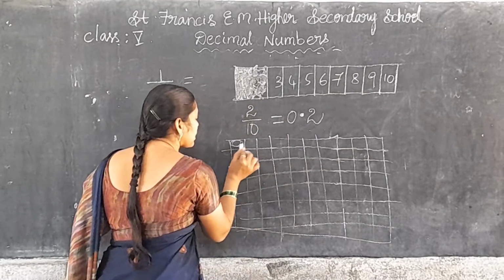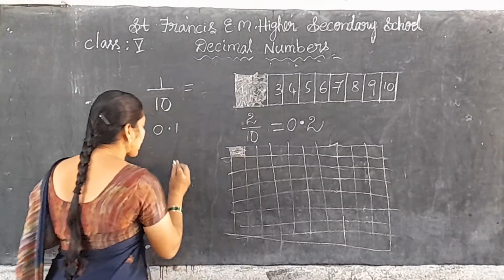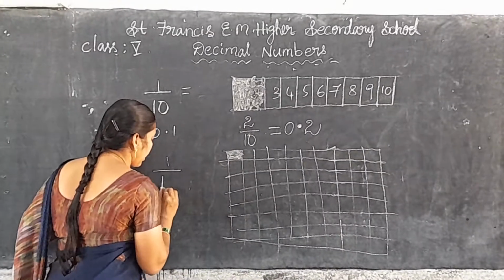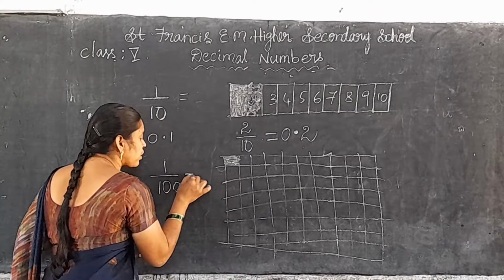Suppose one part is shaded. Then what is the fraction? 1 by 100. Right?